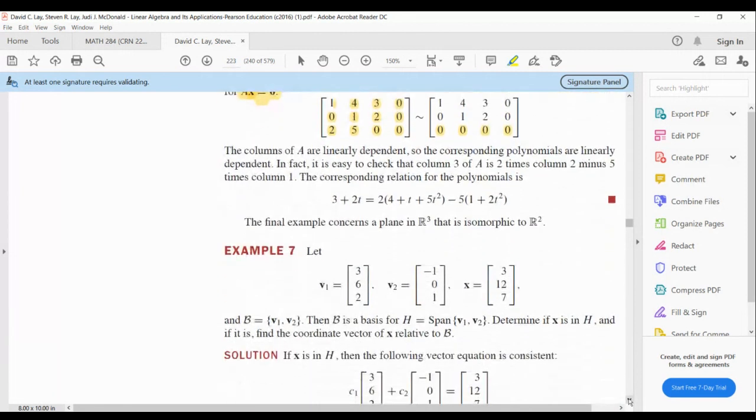Now, the last example, example 7, concerns a plane in R cubed that is isomorphic to R squared. So here you have a plane in R3, but it's isomorphic to two coordinates. They let V1 and V2 be as you see them, and they let X equal 3, 12, and 7.